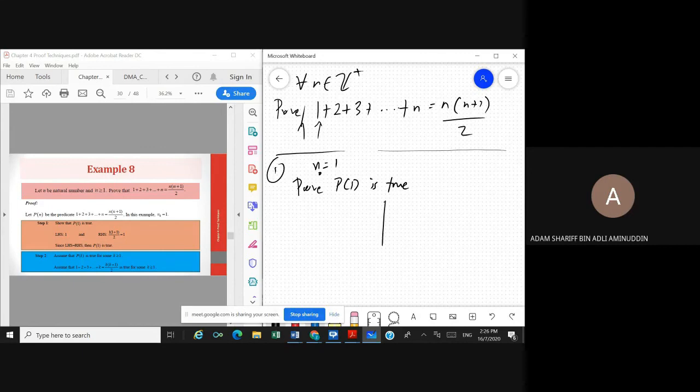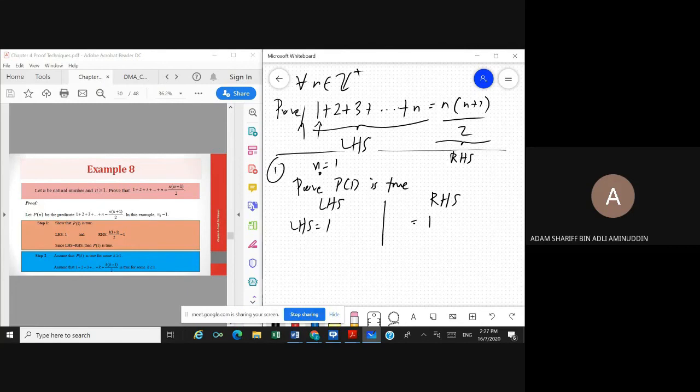I will show you left-hand side, right-hand side. Right-hand side is this formula. This whole bunch of sum is left-hand side. Okay, clear? What is left-hand side? Left-hand side for this case is 1. Because 1, only 1, you tak tambah, you don't add, just 1. For right-hand side is a different thing.